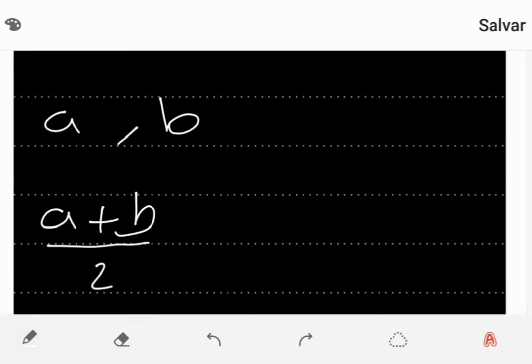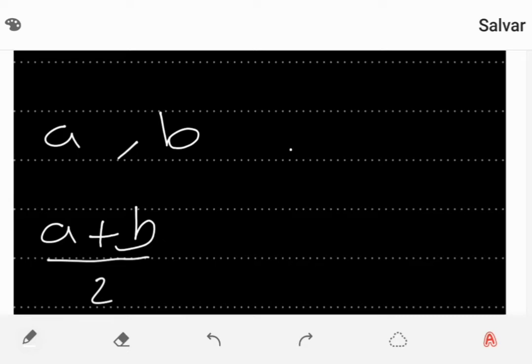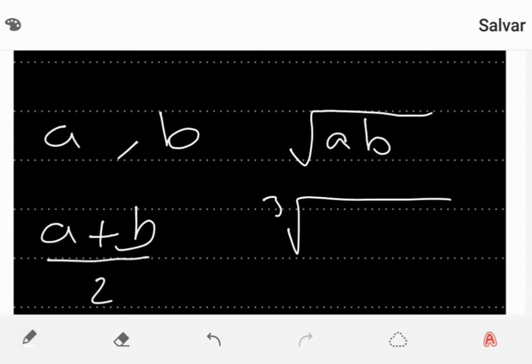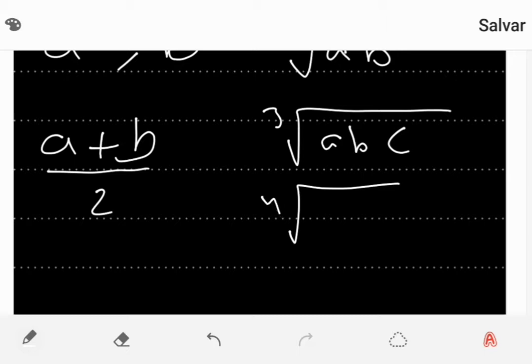The geometric mean is different. You will have the square root of A multiplied by B. If you had 3 subjects, you will have the cubic root of A, B multiplied by C. If you had 4, A, B, C, D, okay, and there it goes.